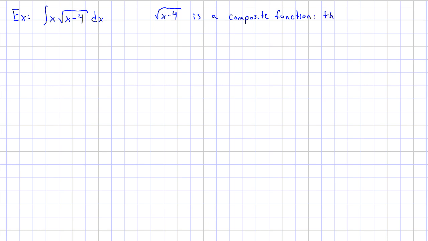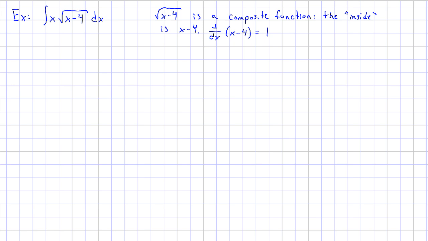So the inside is x minus 4. The problem is that the derivative of x minus 4 is just 1. And I run into an issue because it's not going to cancel my x's.